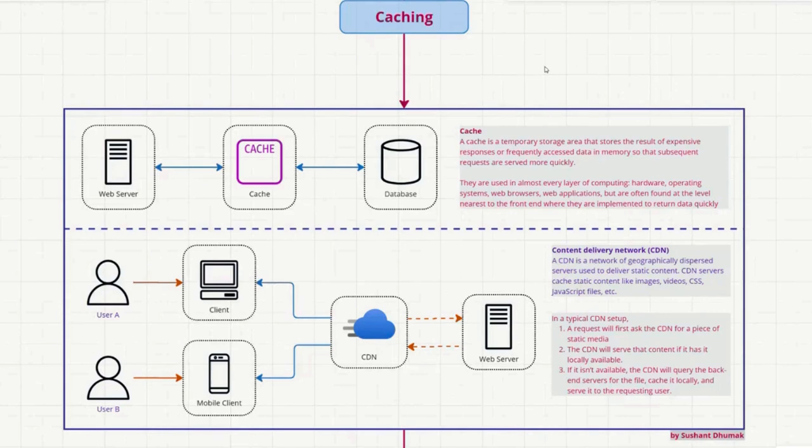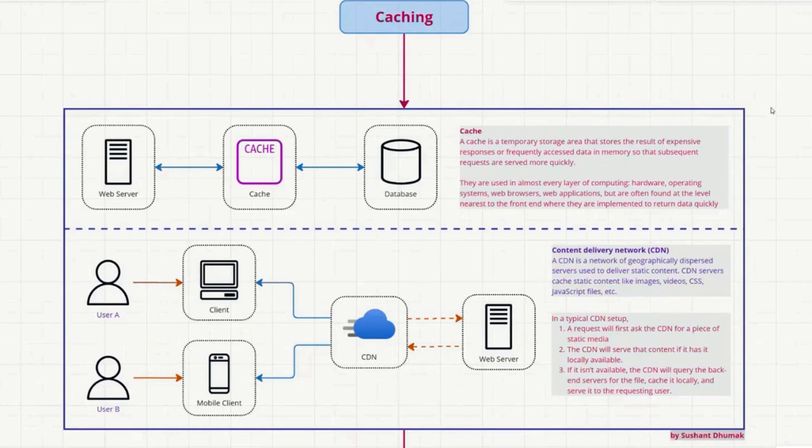To achieve those, we have to look into these individual components. So let's start with caching now. As we move ahead, we will understand how these components help us get a system with better latency, high availability, and fault tolerance.